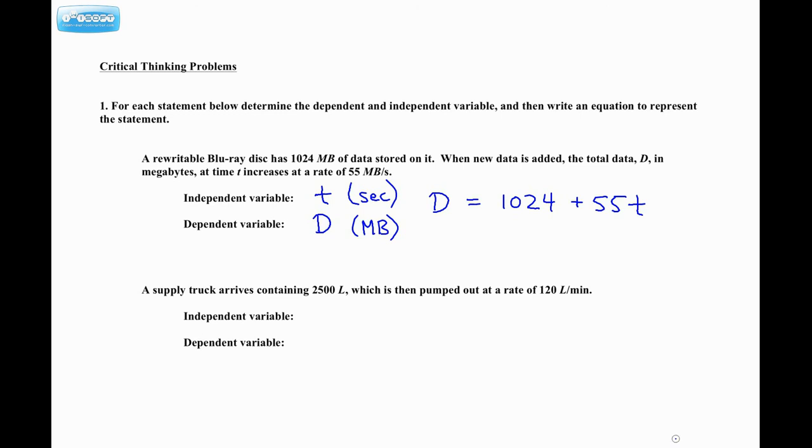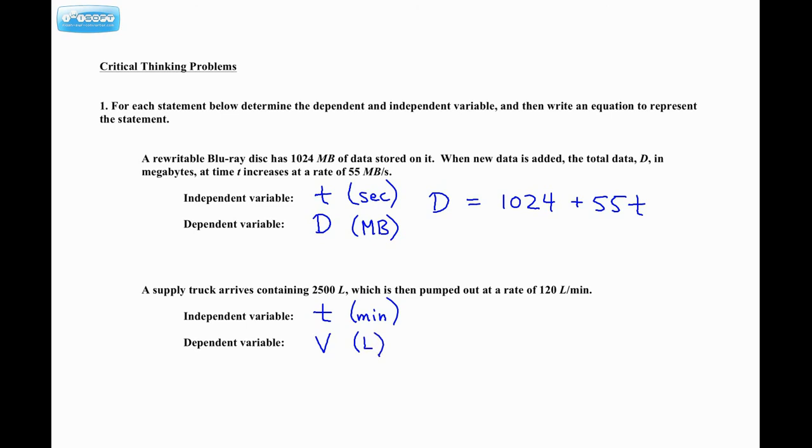Okay, so the independent variable once again is time. Remember t, we're in minutes. And the dependent variable, well, that's the volume. Well, we'll call that V for volume, and that is in liters. Okay, there we go.